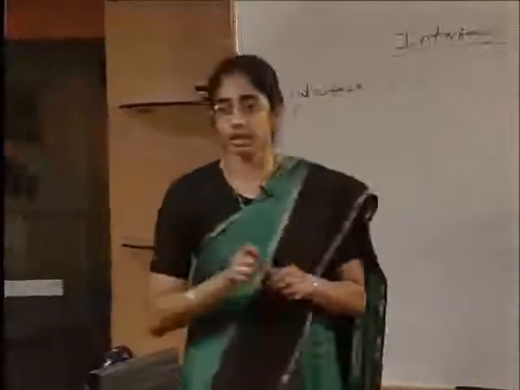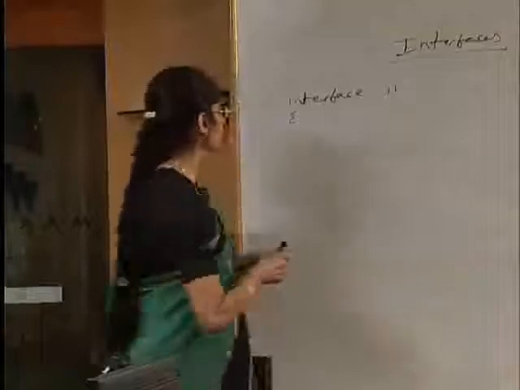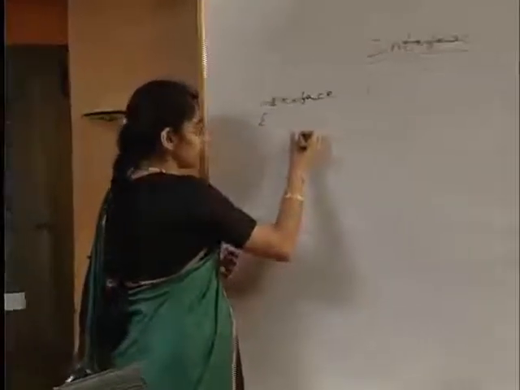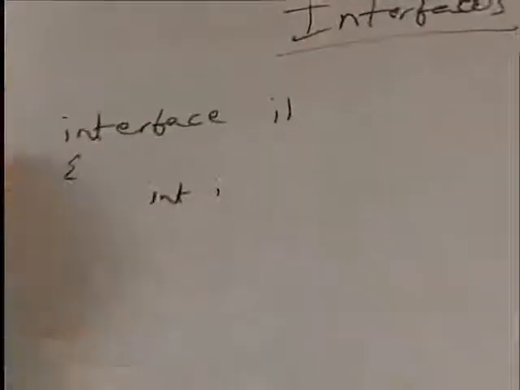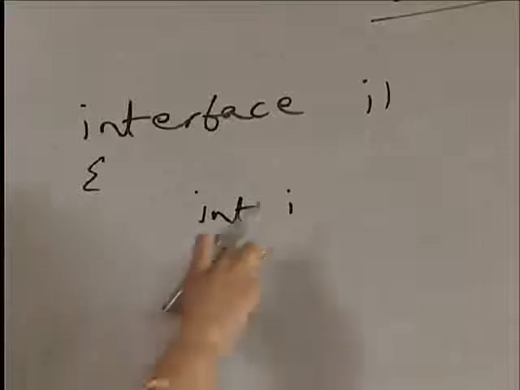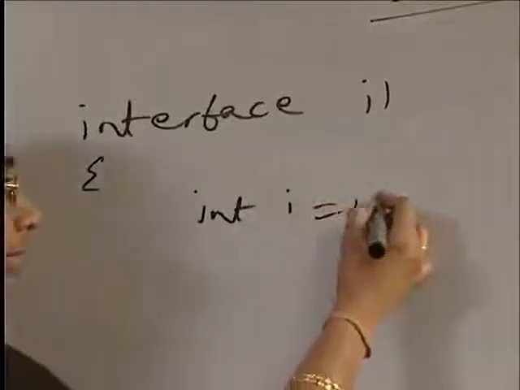So for an interface, when you define a variable, let's say int I, since it is public static final, you must then and there itself assign a value.